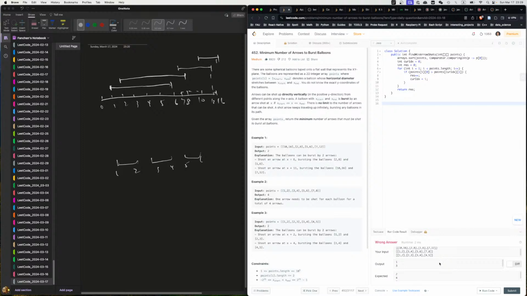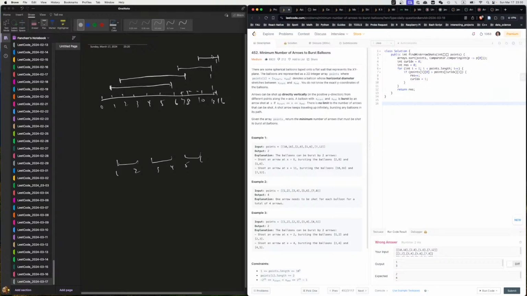Oh, that is fantastic. Okay, so what happened? In the first one, I say 0 is not larger, so we keep going. Then here it's larger than this, so res++, and current index equals this.